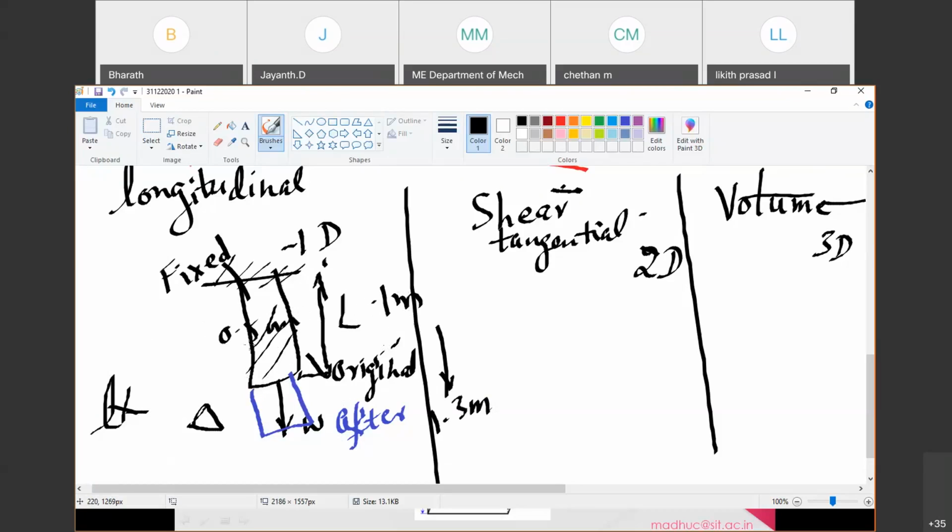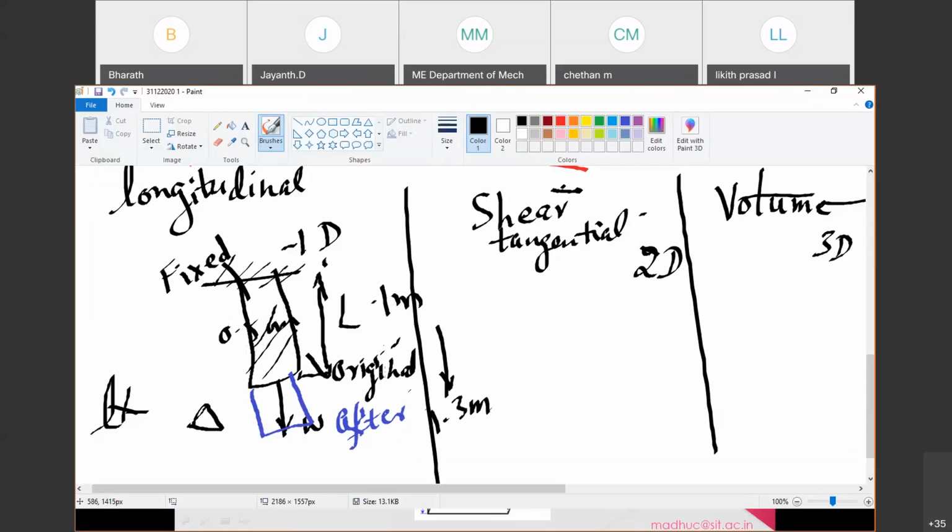The change in the thickness will be very small. Because here it is 0.3 meters, maybe the change in the diameter may be 0.1 or 0.01 centimeter, so it will be very less. In that case, we can neglect the change in its diameter.